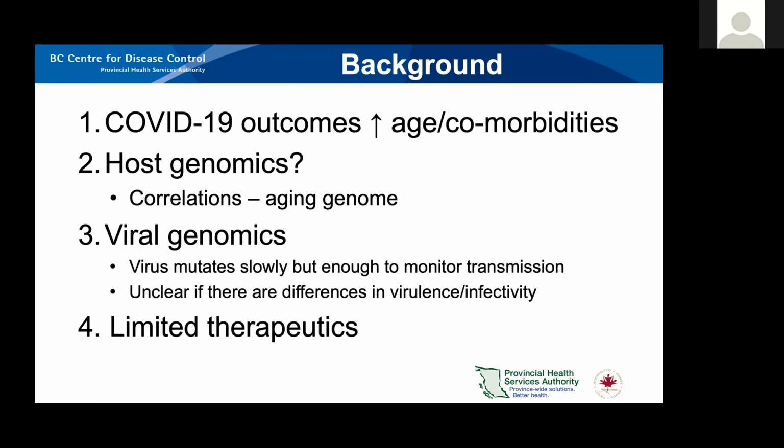But fundamentally, the profound correlations are with an aging genome, and someone's going to have to research that. If you look at viral genomics, the virus mutates slowly, probably 2 mutations a month. It's enough to monitor global or regional transmission. But there is some literature about differences in virulence and infectivity, which is really incomplete, I think. There's limited therapeutics. I won't discuss that. Next slide.